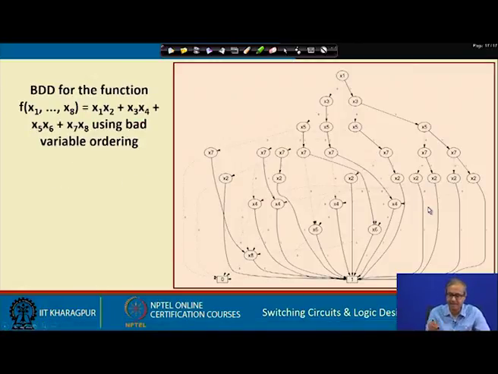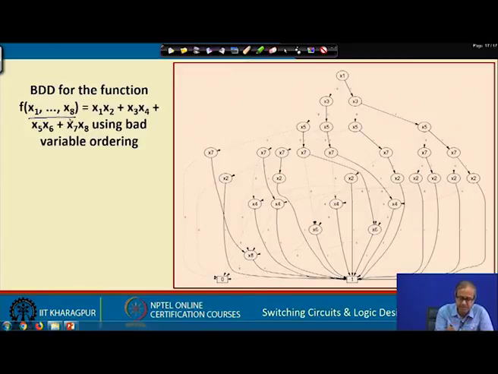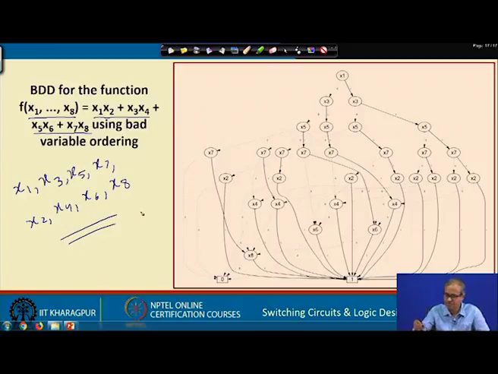Let us take a very specific case of that function where there are 8 variables: x1, x2, x3, x4, x5, x6, x7, x8. First we consider the bad variable ordering, that means we expand first with respect to the odd numbered variables x1, x3, x5, x7, then the even numbered variables x2, x4, x6 and x8. You see here the entire BDD is shown.